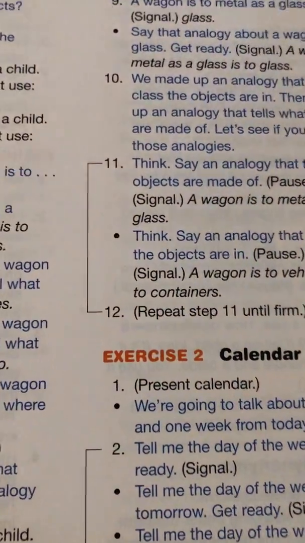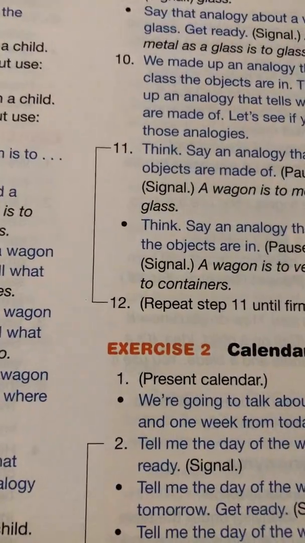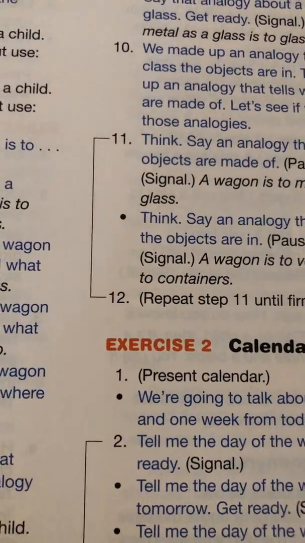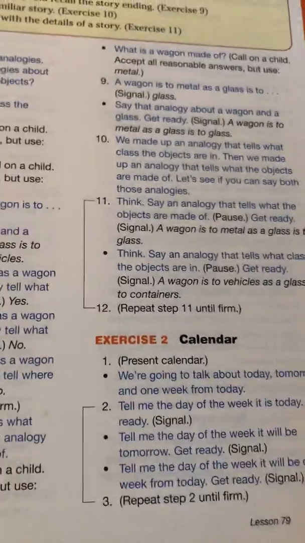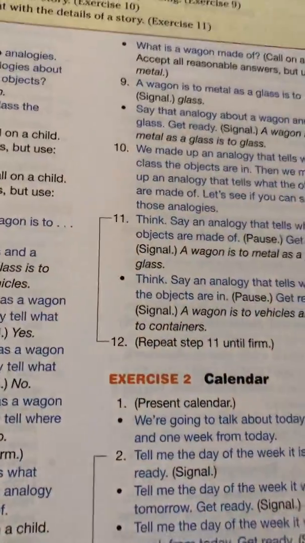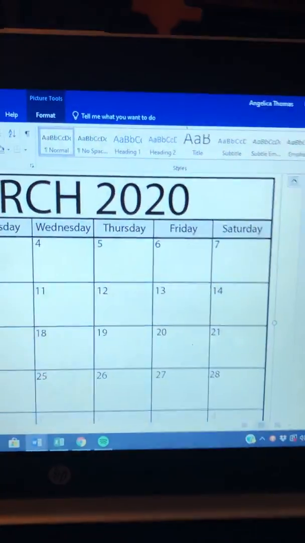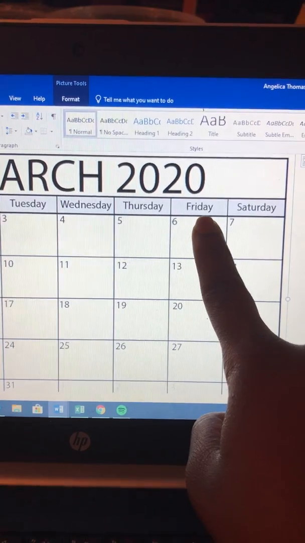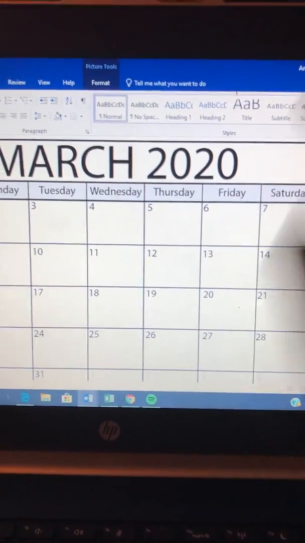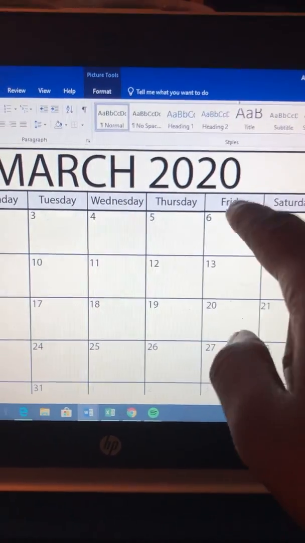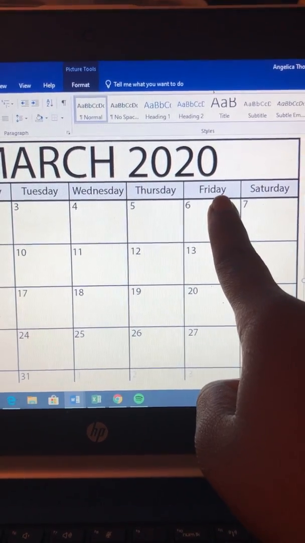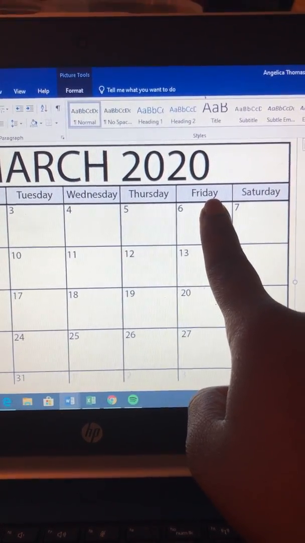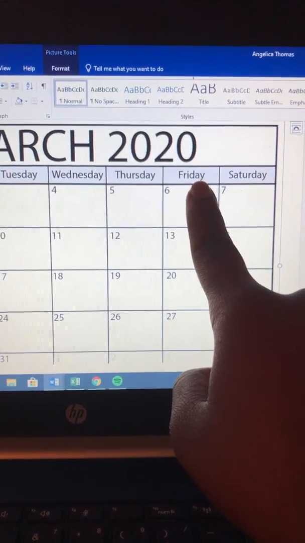So we're going to look at the calendar one more time. So today is Friday. What was the day of the week yesterday?